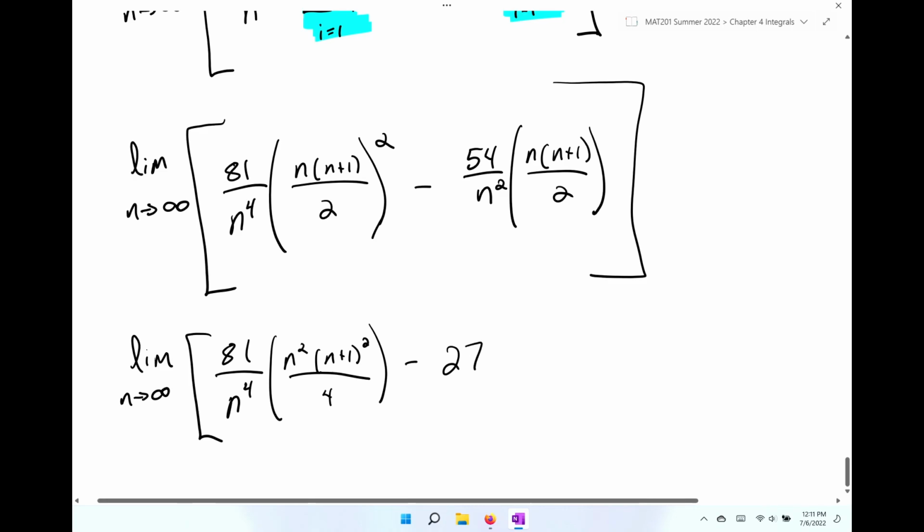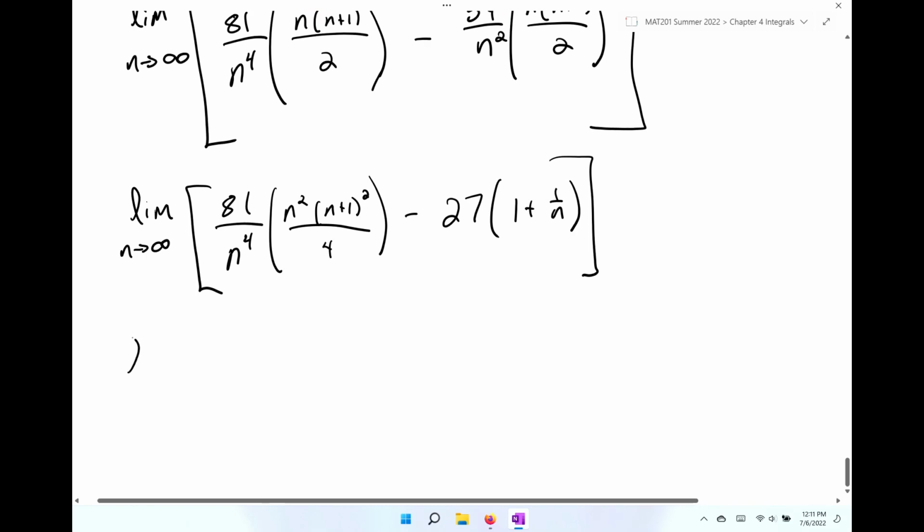It's going to be 27 times 1 plus 1 over n. And then I can simplify the first term a little bit more. It's going to be 81 over 4 times 1 plus 1 over n squared.